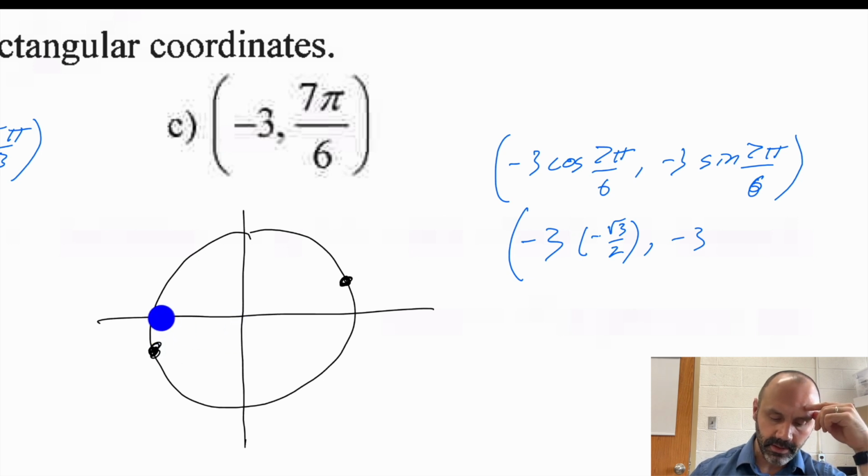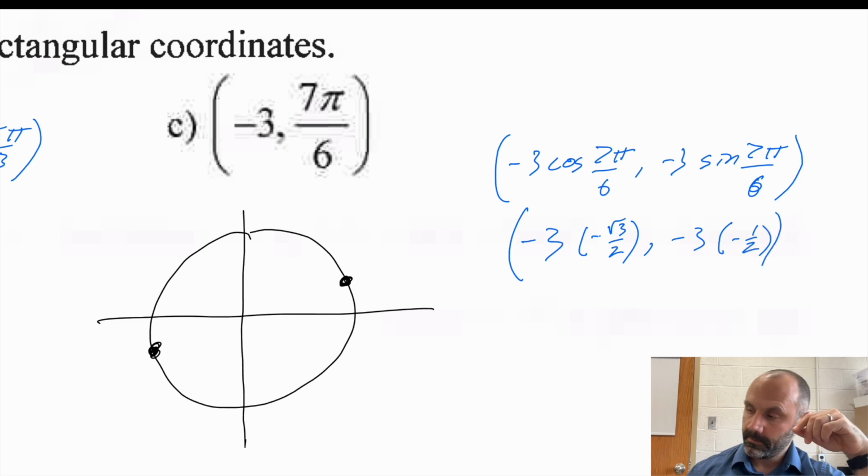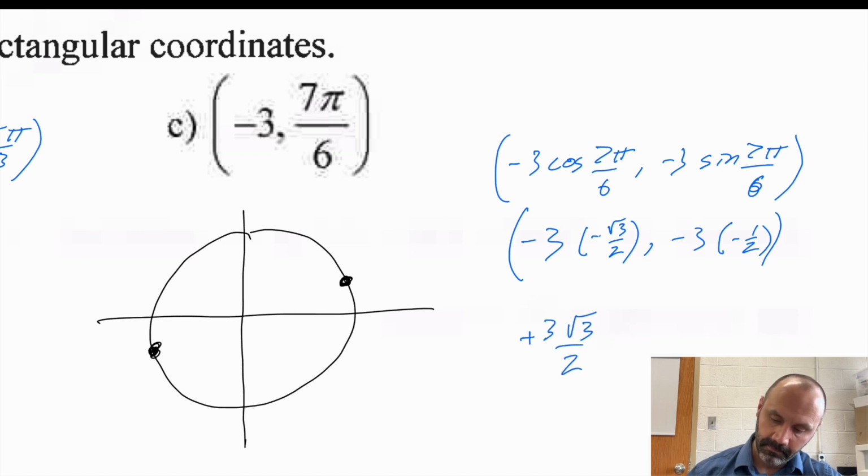So this is going to be -1/2. Right? That's how far down we are over here. So -3 times -1/2. And so what I end up with is positive 3 √3 over 2, comma, 1/2. And I don't really have to put the positive there. I can just leave that, but I do want to keep the 3. It was accidental.